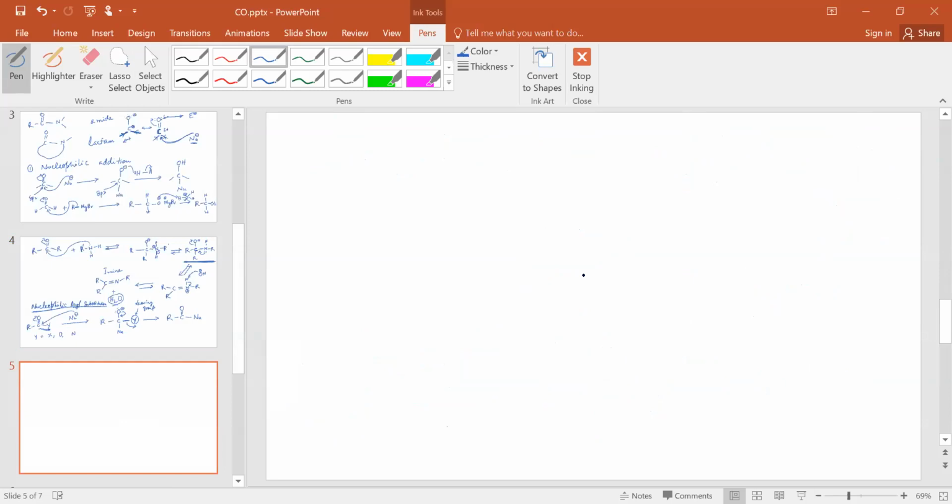I gave you this example: suppose you have ethyl benzoate, this ester, and you take a Grignard reagent, methyl magnesium bromide.